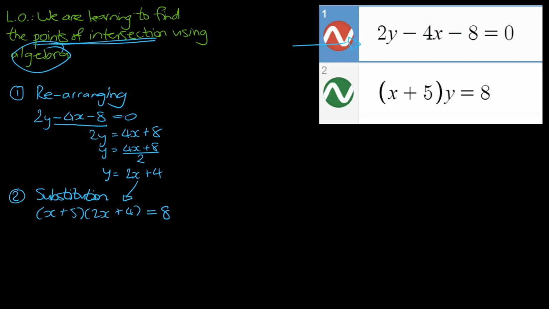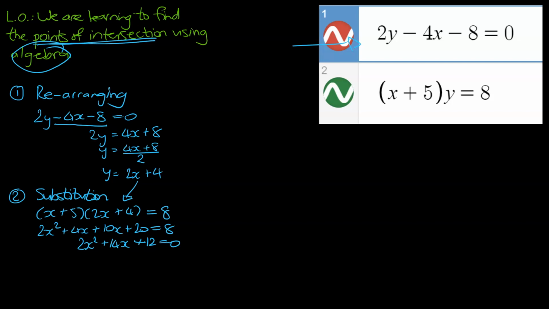And that combined is equal to 8. We now go through our expanding process. So it's going to be 2x squared plus 4x plus 10x plus 20 is equal to 8. And we can then go through and finish off and simplify. So 2x squared plus 14x plus 12 is equal to 0.